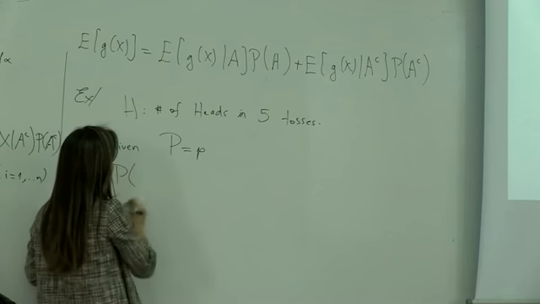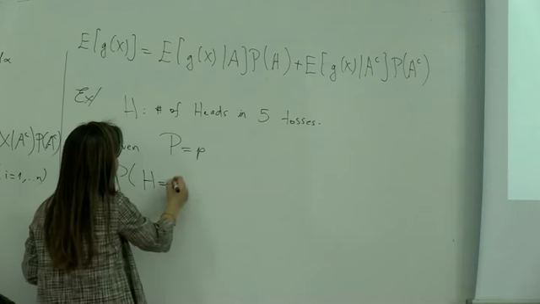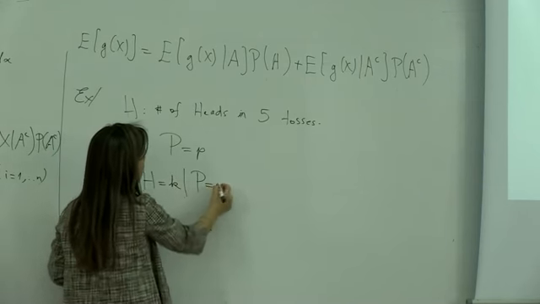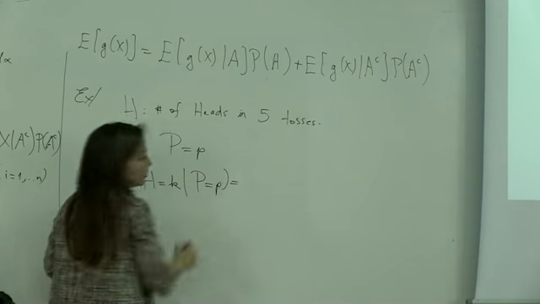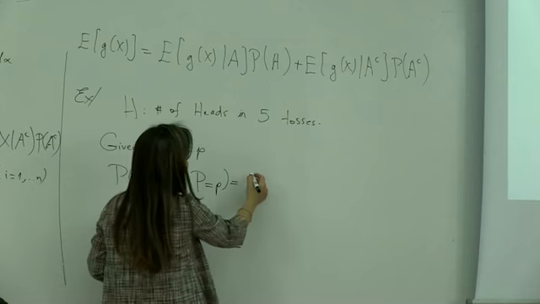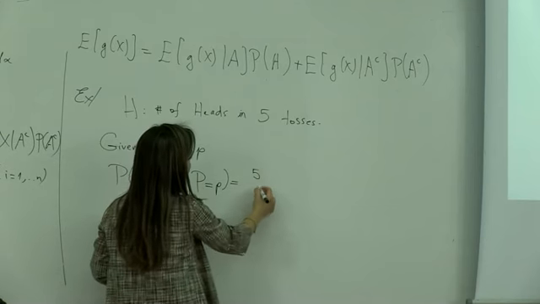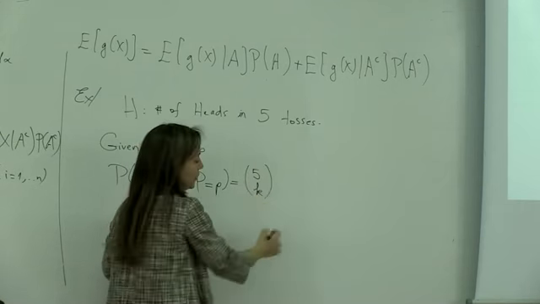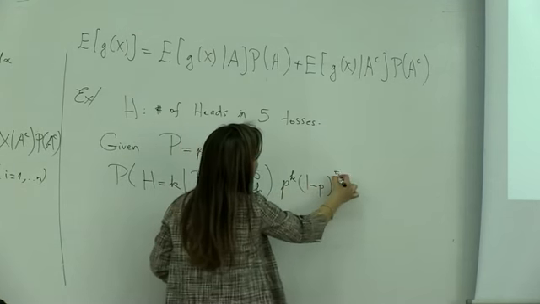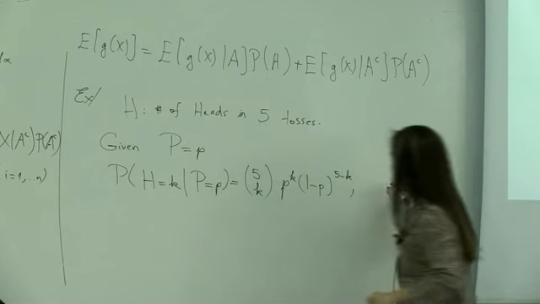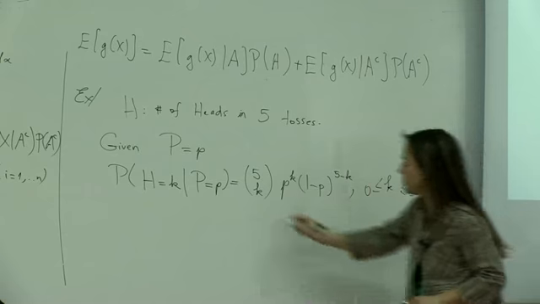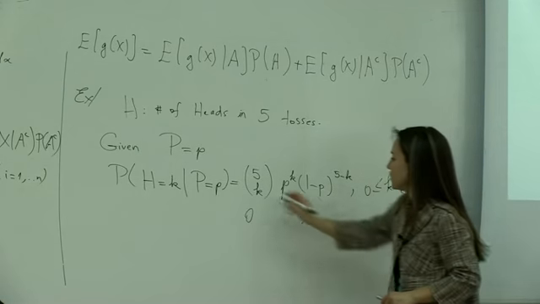The probability of H being equal to k given p equals small p is equal to what? Well, 5 choose k, p to the k, 1 minus p to the 5 minus k, as long as k is between 0 and 5, and 0 for other values of k.